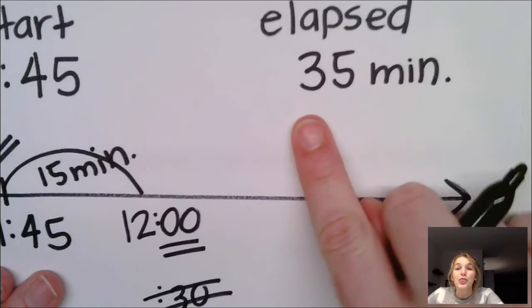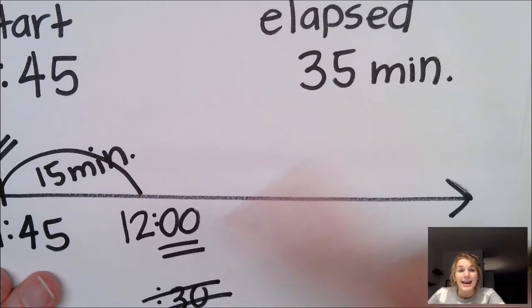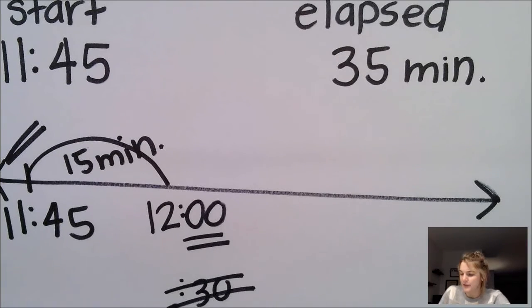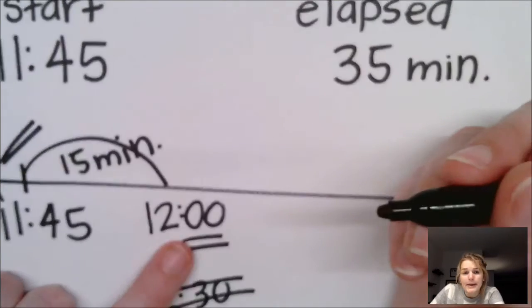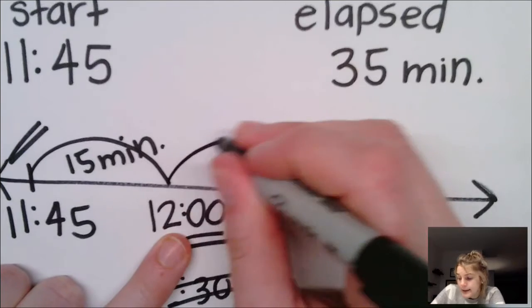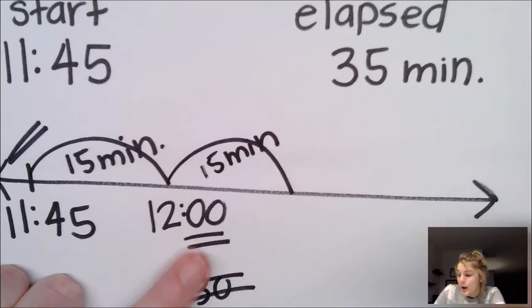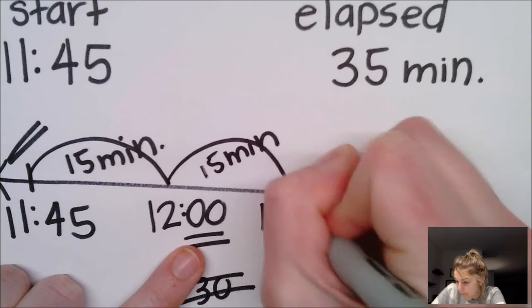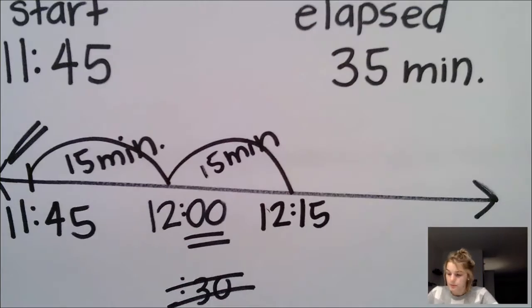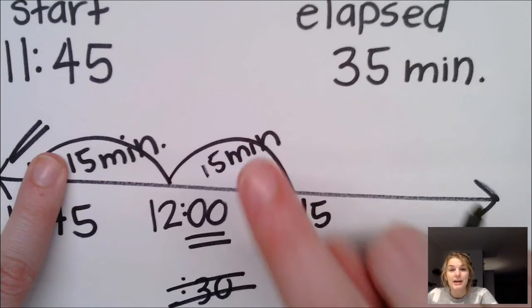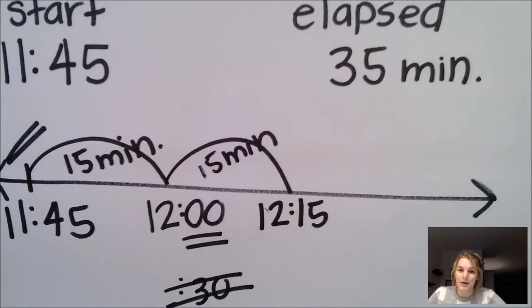Now, I need to do 35 minutes, and I'm at 15 minutes. So I'm going to go another 15 minutes. Because I'm at my easy clock, I can easily add 15 minutes to that. So I know that I'm at 12:15. So far we have used 30 minutes. 15 minutes plus 15 minutes is 30 minutes.